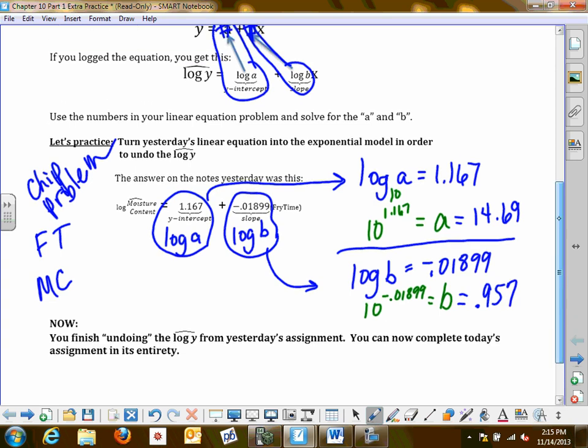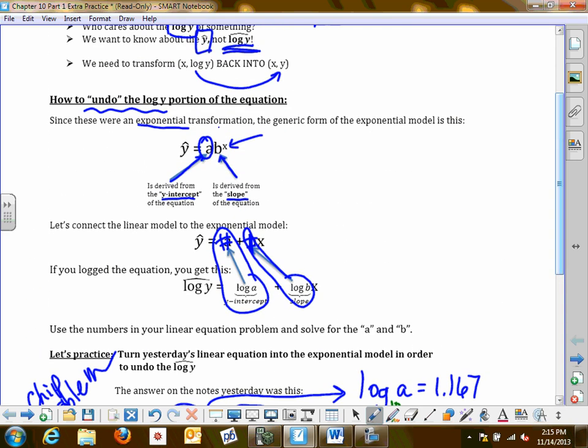And these are the numbers that are in this exponent form. So in summary, the final equation that is done is this. Predicted moisture content. See, it's not log moisture content anymore. I have undone the logs of this problem.